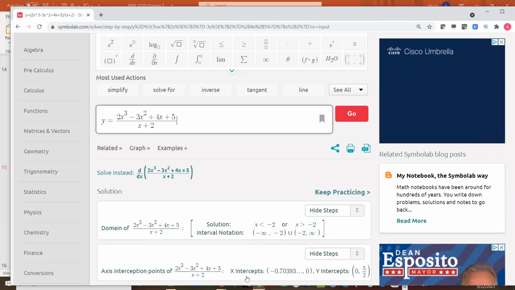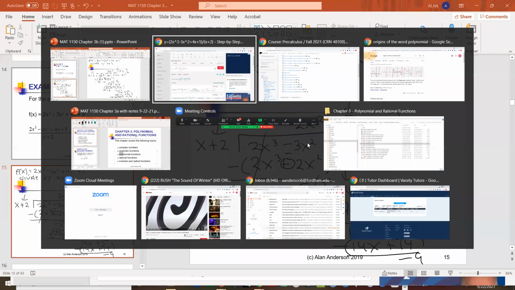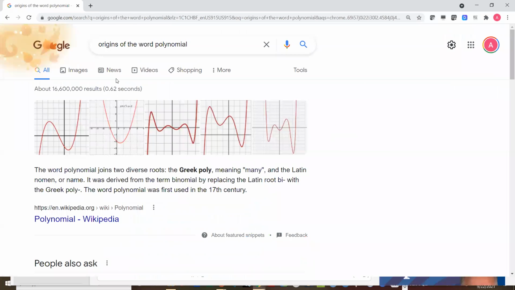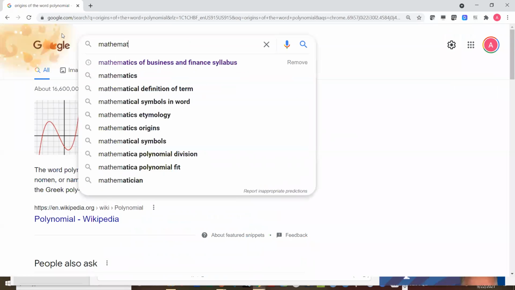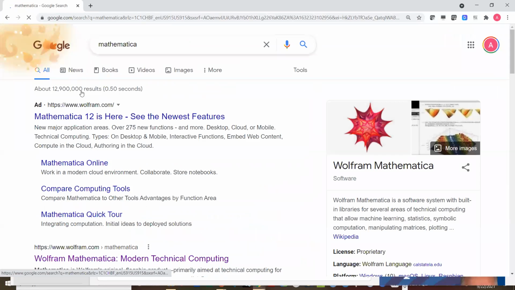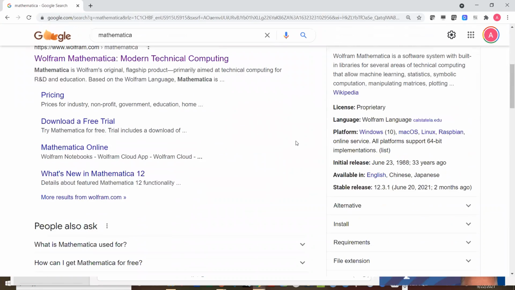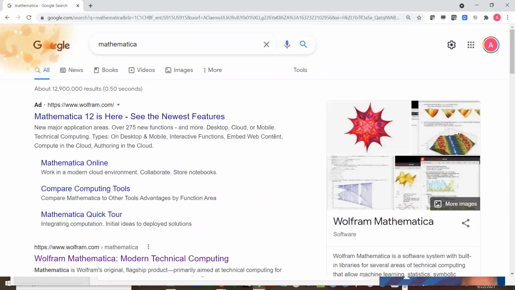By the way, I accidentally found out the other day that if you're interested, there's a software product called Mathematica, and it's produced by a company called Wolfram. And think of it as like Symbolab raised to the 10th power as far as its power and ability go. Here's the interesting part.